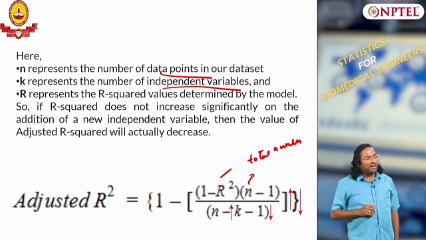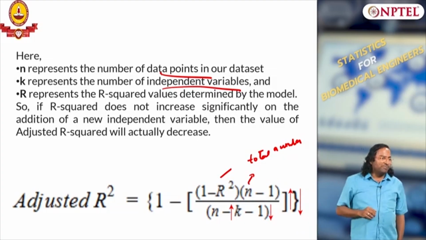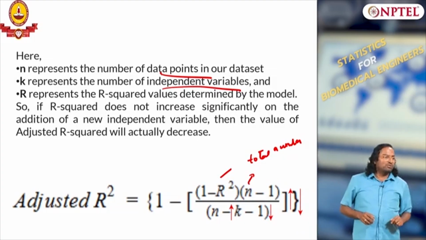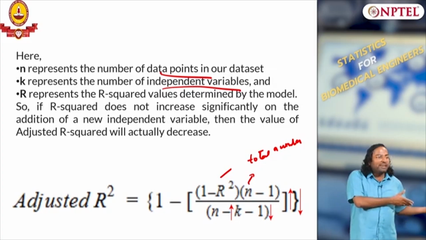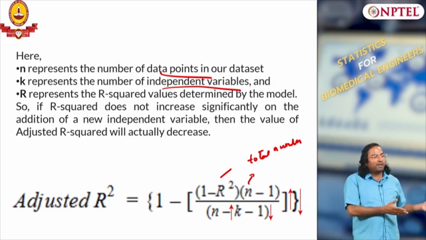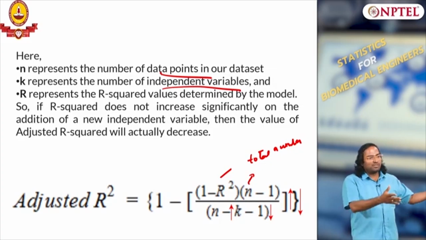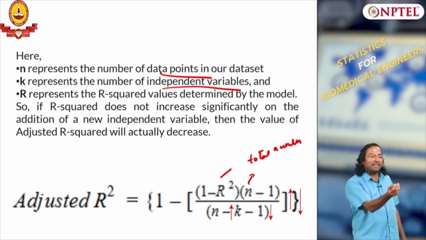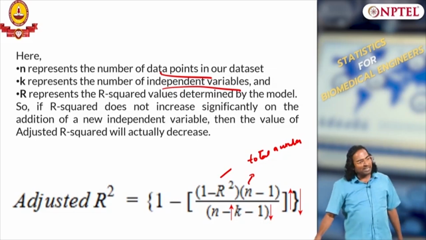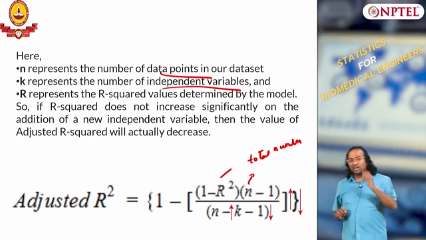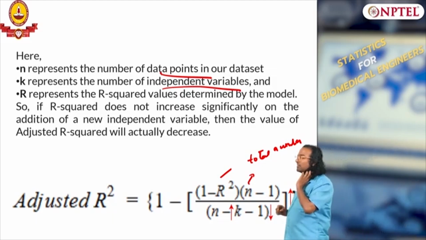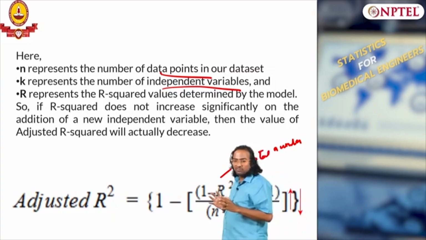If x1 and x2 are highly dependent, and you have already used x1, what will happen if you add x2? It will decrease, because the total variability explained by x1 is already captured and x2 is just going to add a small delta. Whether it is important or not will be told by your adjusted R square. So adjusted R square acts as a trade-off.